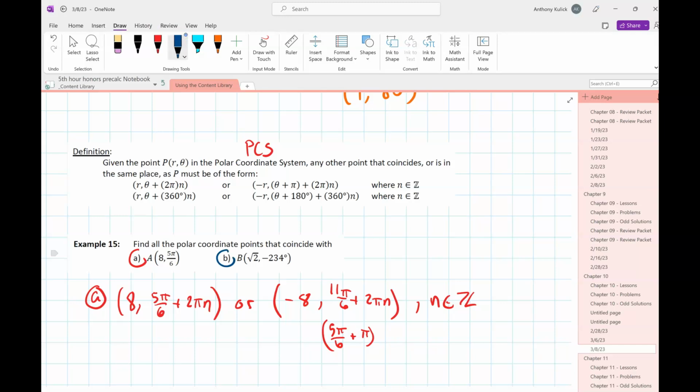Rita? We want to add the pi to the 5. Oh, just using the formula that was given above. That's what adding the pi is doing, it's just continuing the line straight through, right?